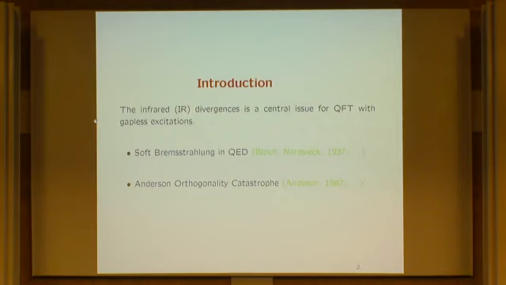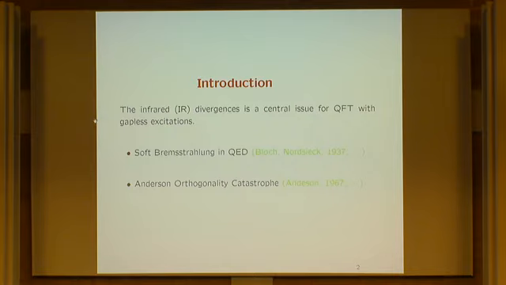Historically, the first example was the problem with soft photons in quantum electrodynamics, but in condensed matter physics, people started to think about it after the seminal works of Anderson about the orthogonality catastrophe.